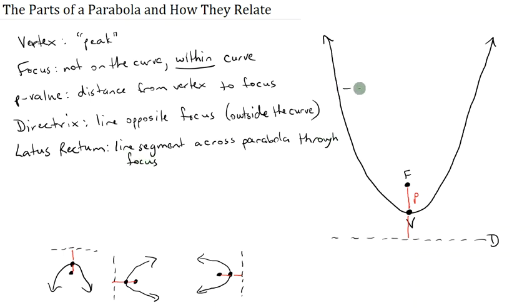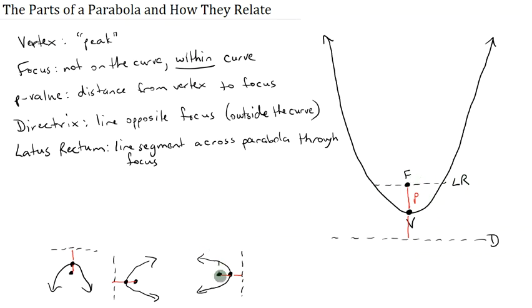So if we're going to measure the width of this thing, we can measure it anywhere along this vertical axis. But since we have a designated point within the curve, namely the focus, why don't we measure the width right here? And so that is the latus rectum.